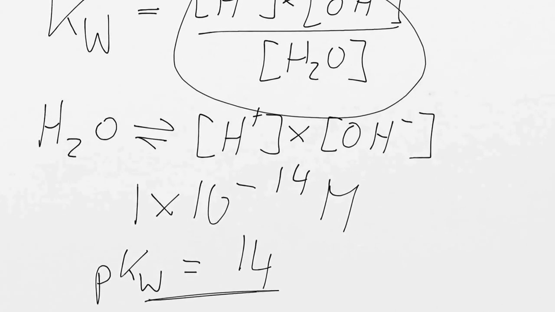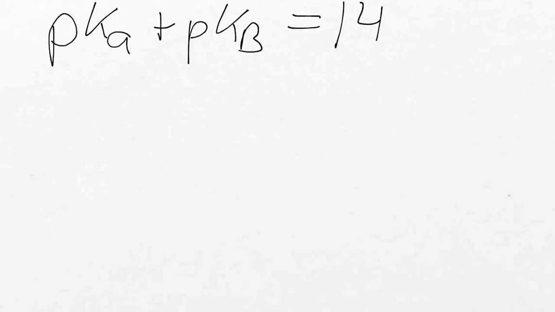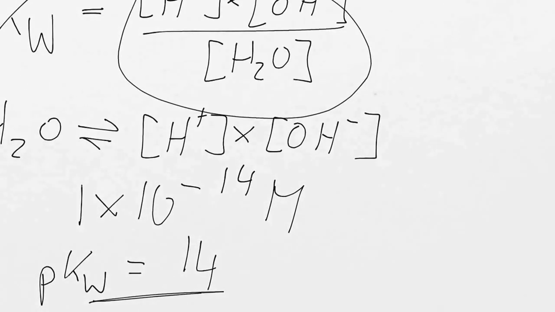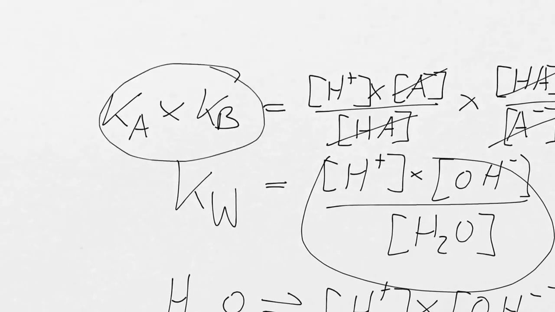And the amazing thing is, pKa of an acid plus the pKb of the corresponding conjugate base is, what do you reckon? 14, exactly. Because of this correlation here, Ka times Kb.